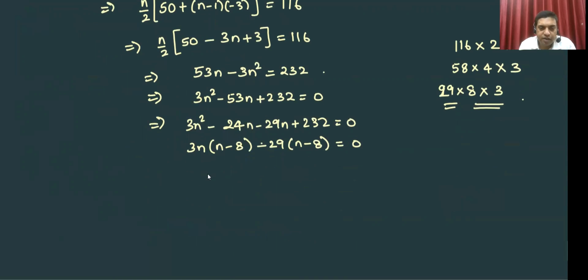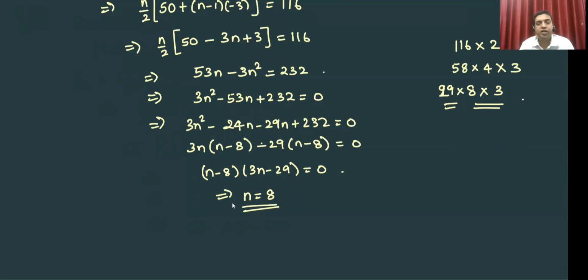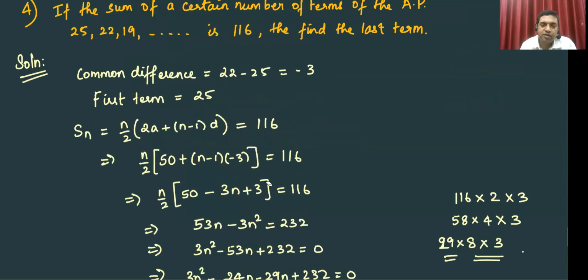So n cannot be a fraction. So n has to be 8. The other n will be 29 by 3, which is a fraction. So the term has to be a natural number. So n is equal to 8.